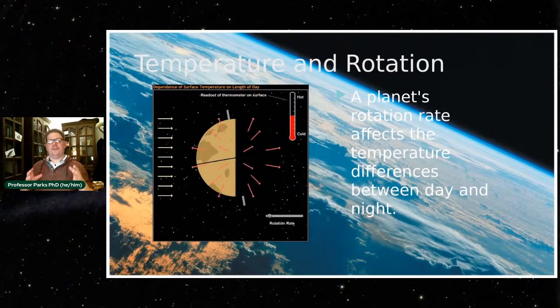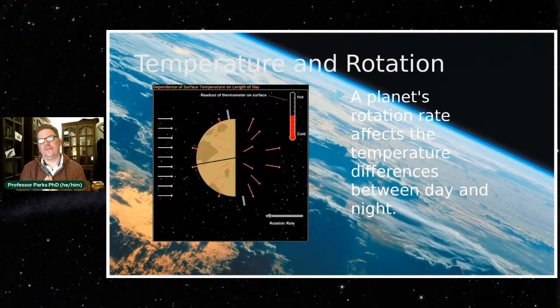You also have to think about, when you're talking about atmospheric or surface temperature, that you have to take into account rotation. The way that rotation matters is really also coupled with a significant atmosphere.